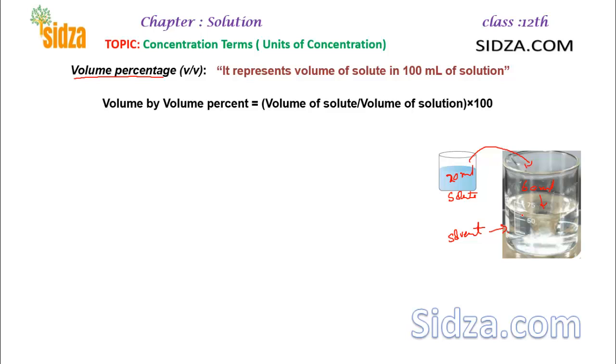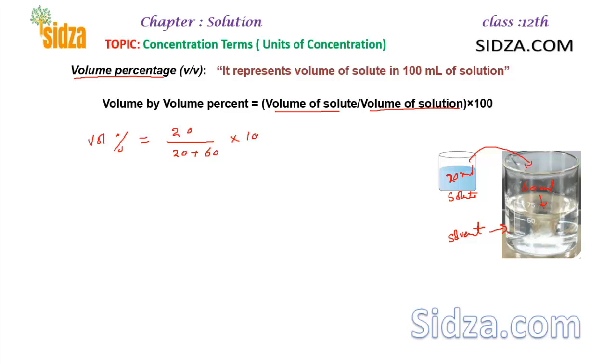60 ml of the water. So now what will be the volume percentage? The volume percentage will be the volume of the solute divided by the volume of solution times 100. Pretty simple. Here the volume of solute is 20 ml. We are taking 20 ml of solute and mixing it with 60 ml of the solvent. So the total volume of the solution will be 20 plus 60, which is 80.